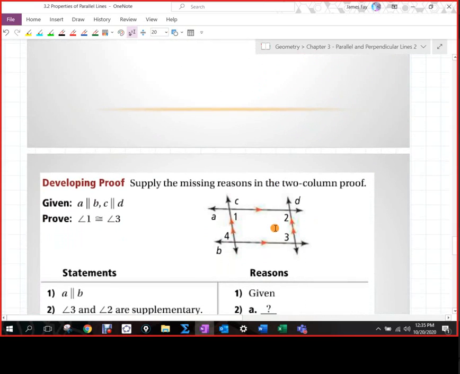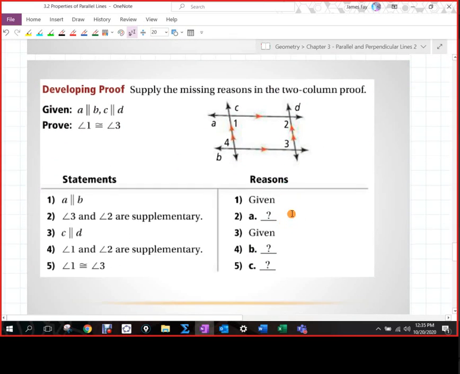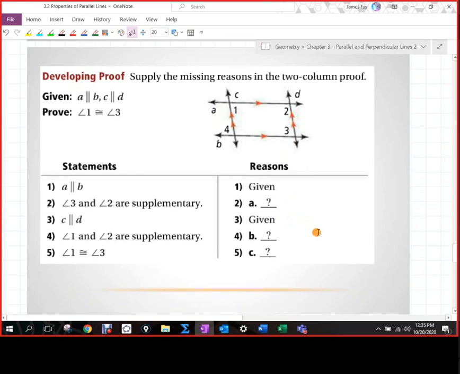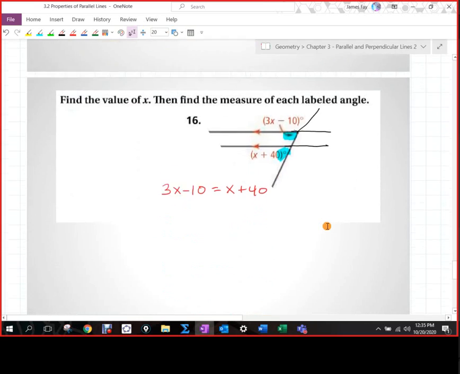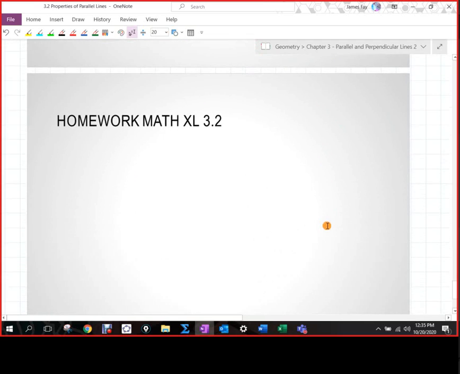The one saving grace about a lot of our proofs, and the state hasn't come down with any final argument yet about what they're going to do for the end of course exam, whether we're going to have it this year or not, it's still being litigated.